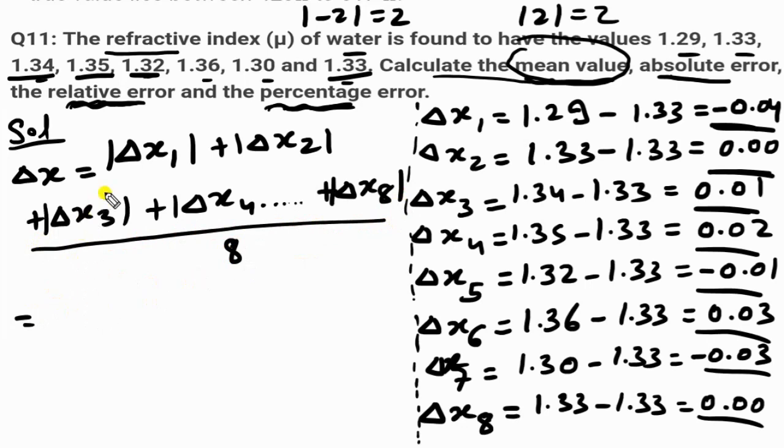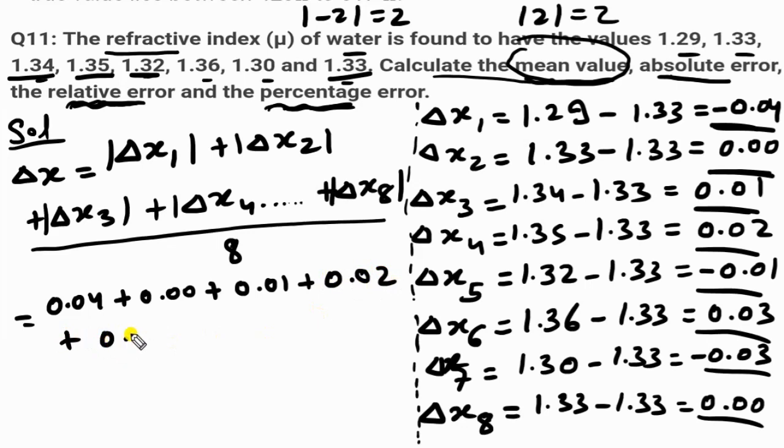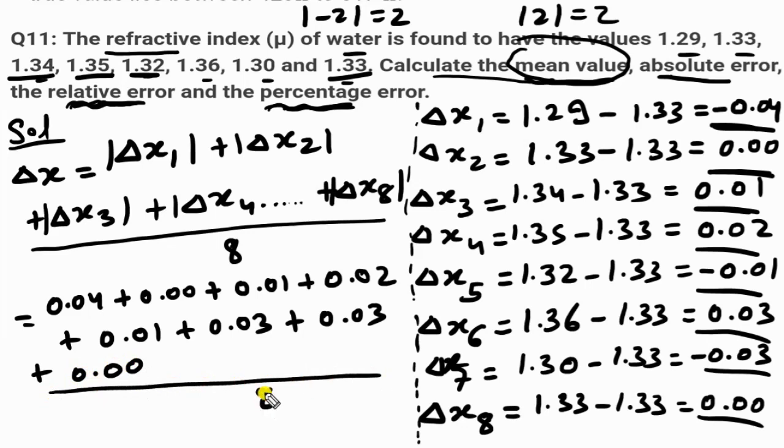This would give us mod of delta x1, that means mod of minus 0.04, that is 0.04, plus mod of delta x2, that is 0.00, plus mod of delta x3, that is 0.01, plus mod of delta x4, that is 0.02, plus mod of delta x5, that is again 0.01, plus mod of delta x6, that is 0.03, plus mod of delta x7, that is 0.03 again, plus mod of delta x8, that is 0.00, divided by 8.